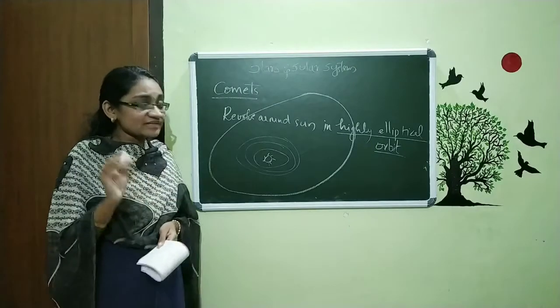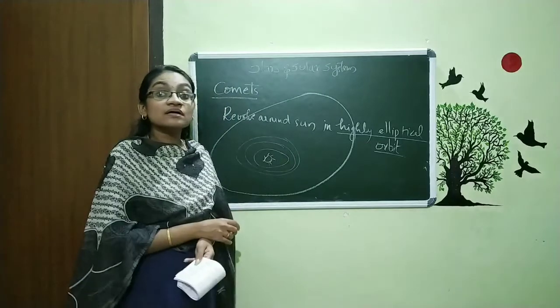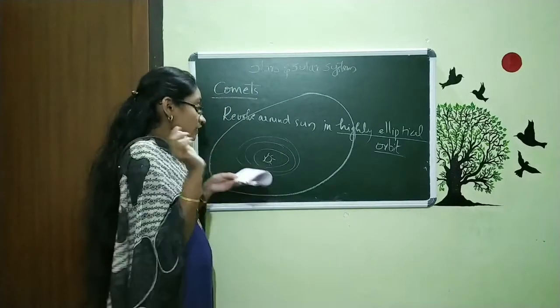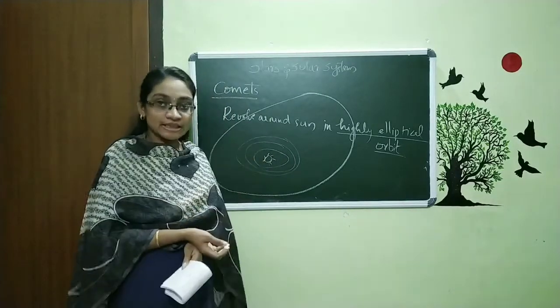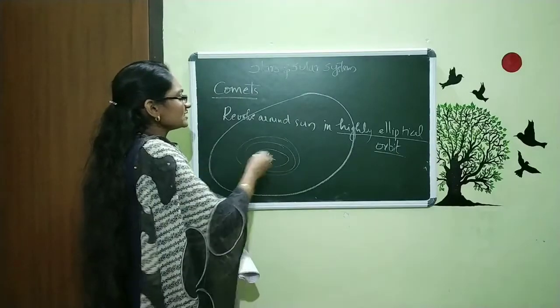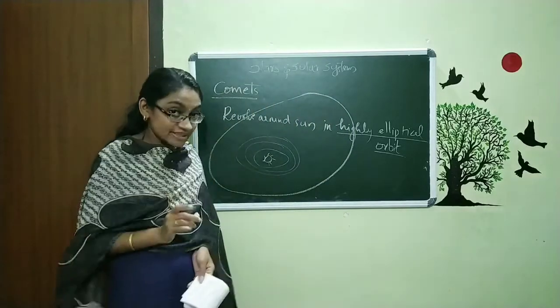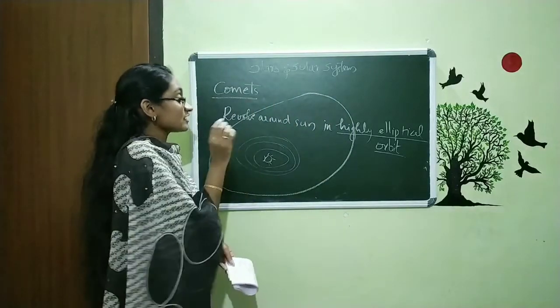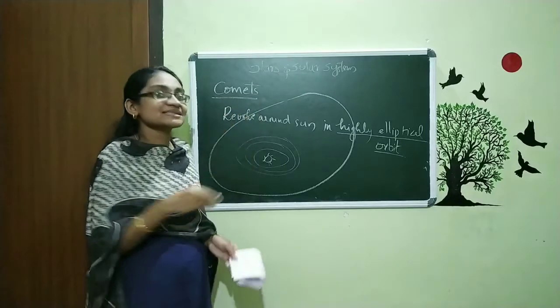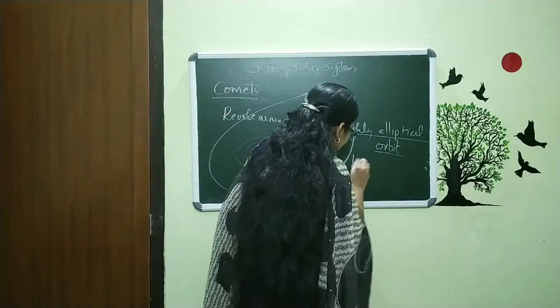We already said that when the distance from the Sun increases, the period of revolution increases. We already discussed this in the last class. So what about the orbit of this comet? Actually, the period of revolution of the comet is higher.